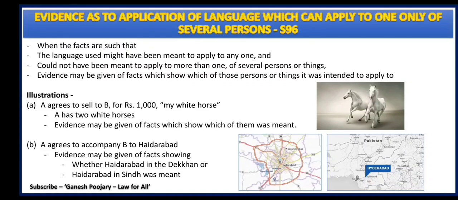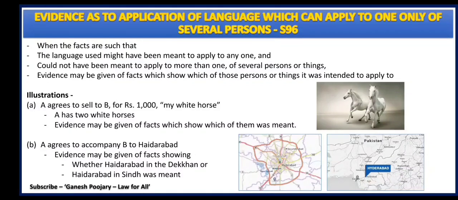That is possible when there are two white horses available. That is about the first illustration. Here the confusion arises because there are two white horses and in the contract it was mentioned "my white horse." So the parties can give additional evidence to prove which horse was actually meant.